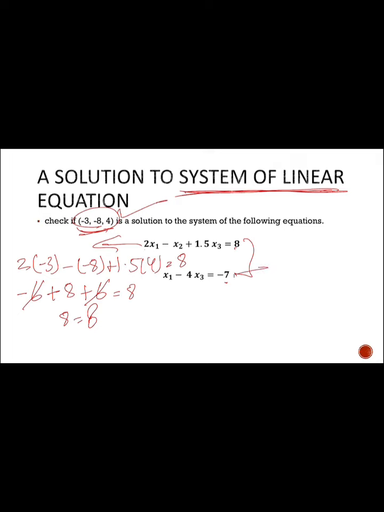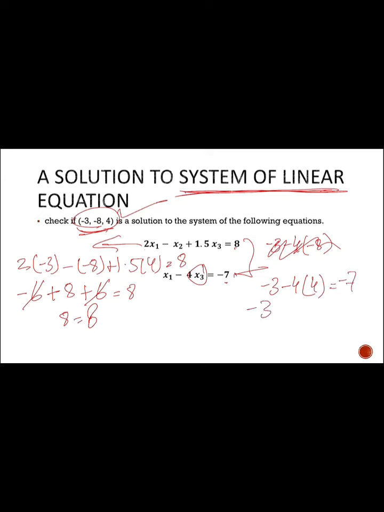Let's check this one. x1 is equal to minus 3, minus 4 into minus 8. And that is x3. So that's not right. Let's go for minus 3 minus 4 into 4 equals minus 7.